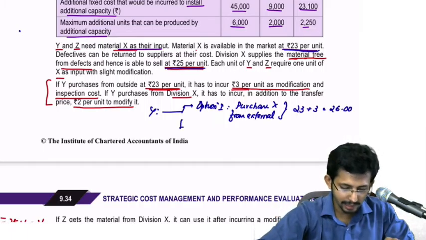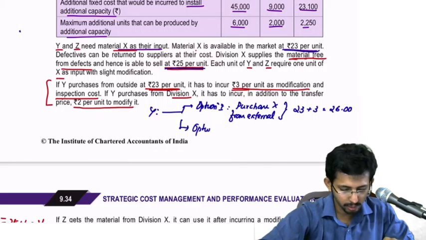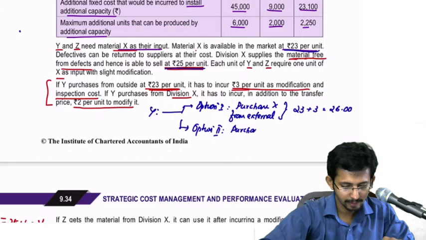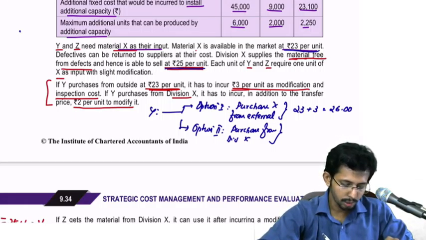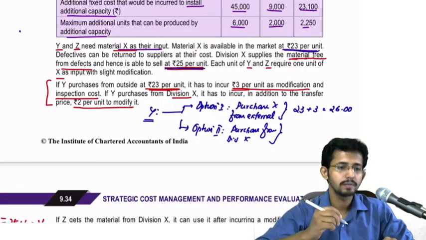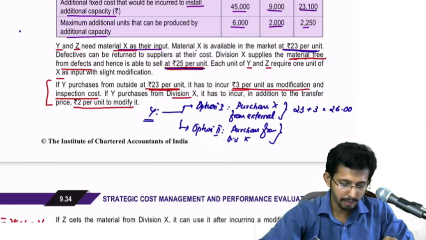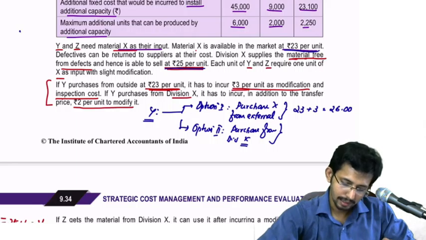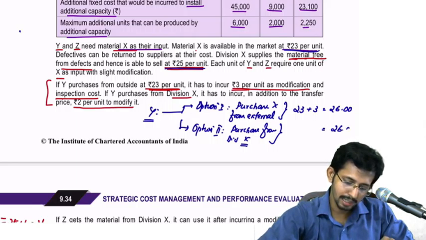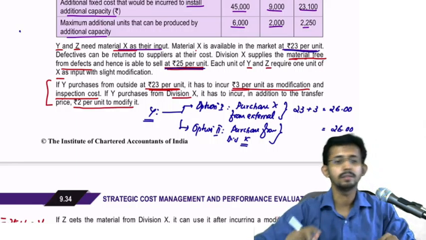Now what is the second option? Option 2 will be to purchase from division X. Now listen, if you want to induce Y to purchase the product from division X, then the total cost has to be equal to 26 alone.